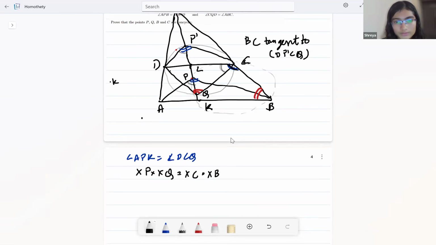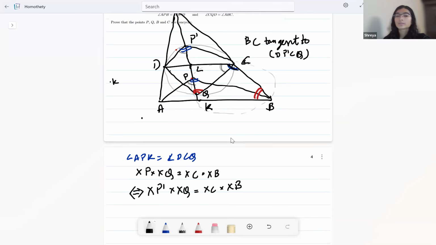Okay, so one thing is that XP and XB, we can both scale by the same factor, and then this will be equivalent. So instead of XP, consider XP prime times XQ equal to XC times, where does B go? B goes to C. So XP prime is just equal to K times XP. So that makes sense.